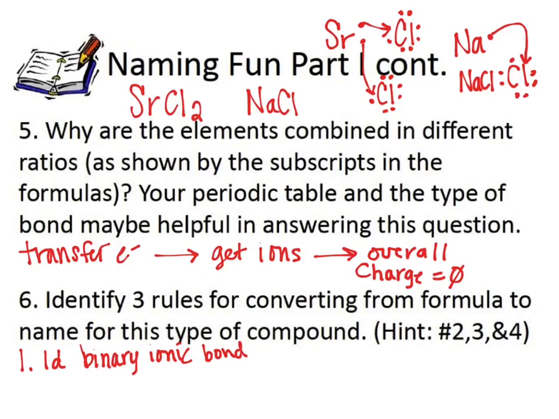If it does not fall under that, then our rules are going to be different. That's rule number 1: identify. So your very first thing, look and see. Is it binary? If it's binary, is it ionic? Once you've done that and that satisfies, you've said check.